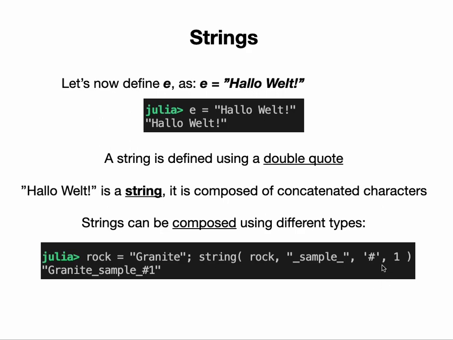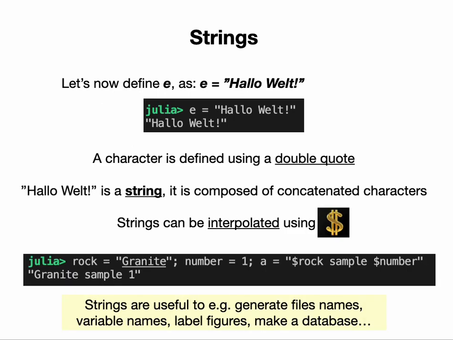And in the last argument, I've put an integer, number 1. You could have an arbitrary number of arguments in the function string. What this returns is the composed string: it will contain granite, the information contained within rock, then underscore sample underscore, then the hash symbol, and 1. So that's one example of string composition.